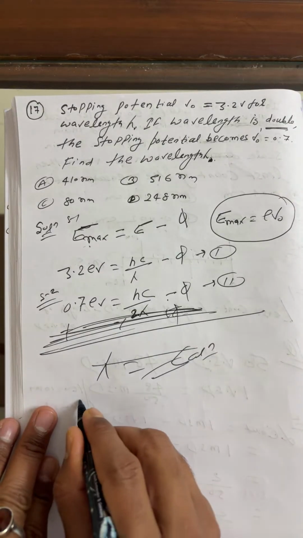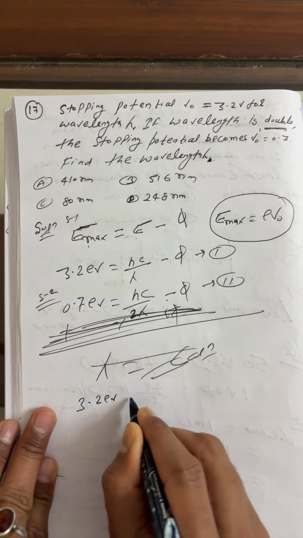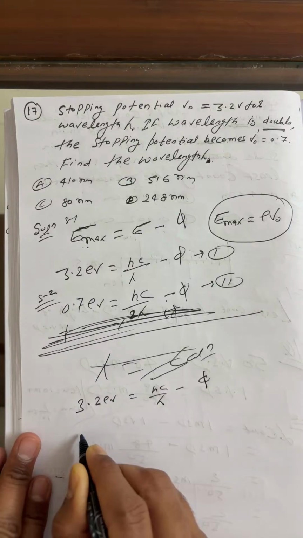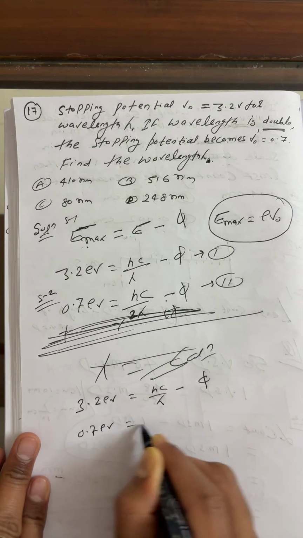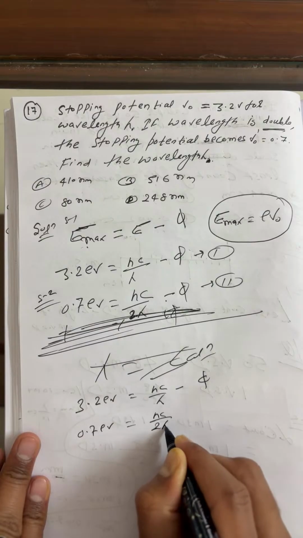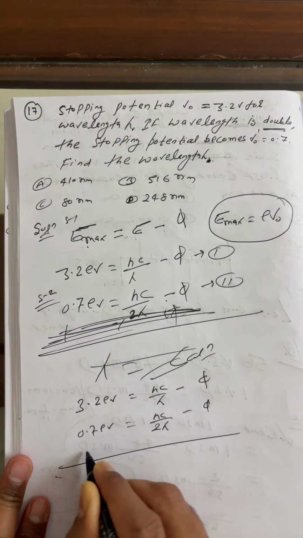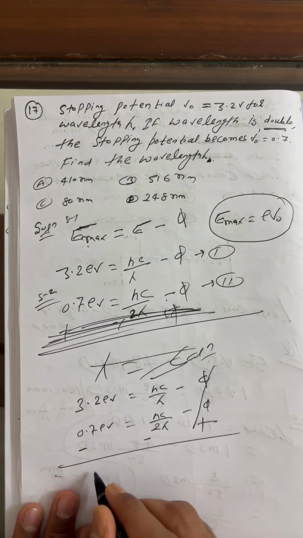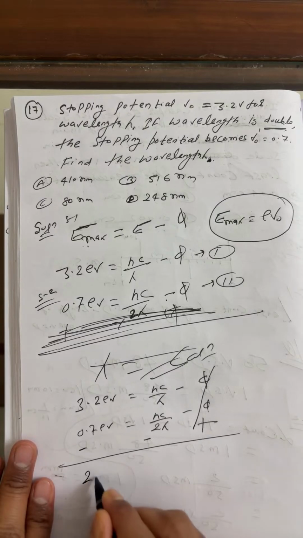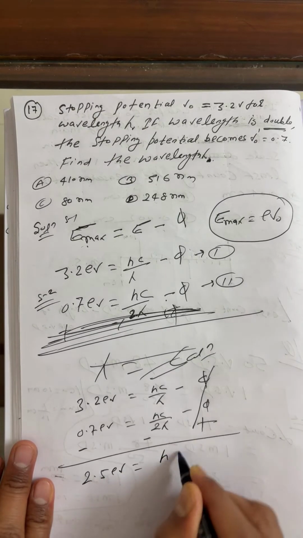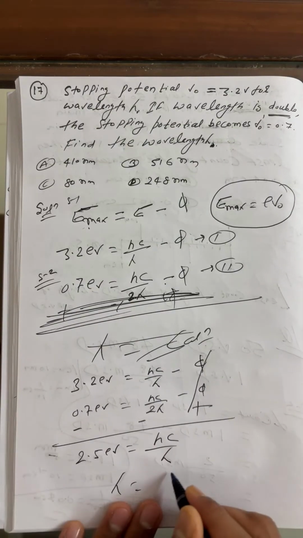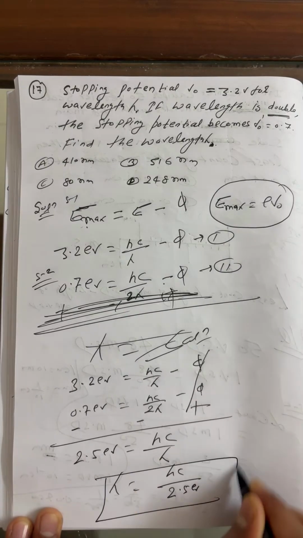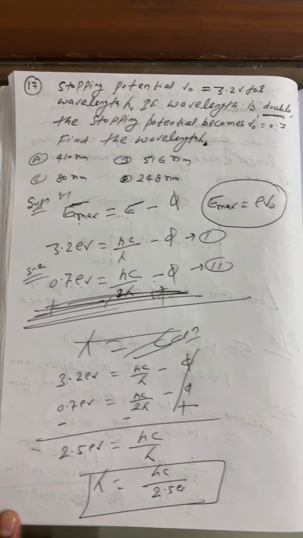I'll write one more here: 3.2 electron volt is equal to hc by lambda minus work function, and 0.7 electron volt is hc by 2 lambda minus work function. I'll subtract, so this cancels, minus minus plus. You will get 2.5 electron volt equal to hc by lambda. So lambda is hc by 2.5 electron volt.